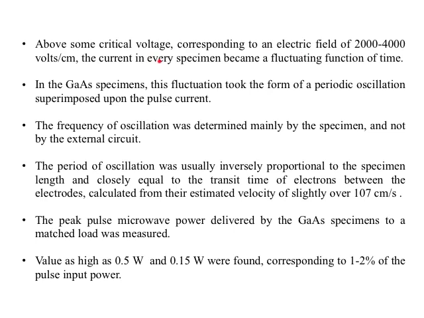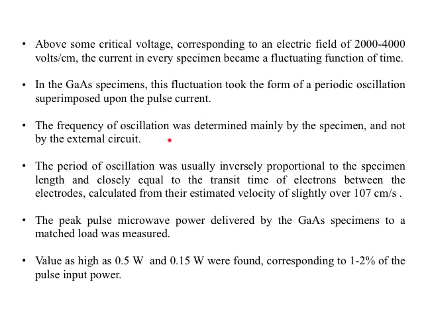In this gallium arsenide specimen, this fluctuation took the form of a periodic oscillation which is superimposed upon the pulse current.